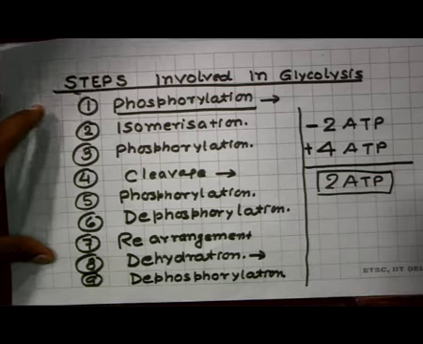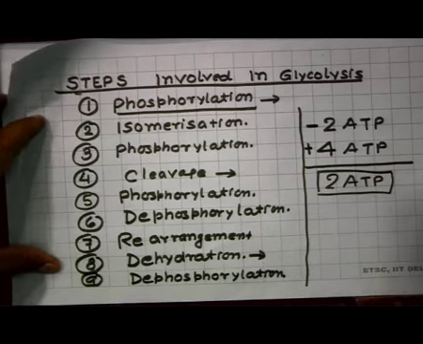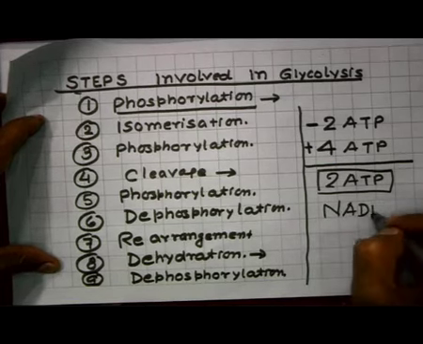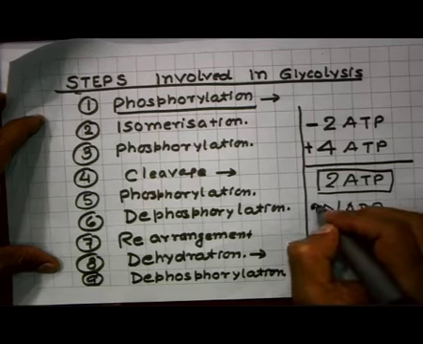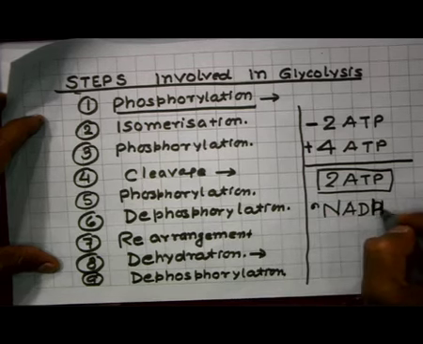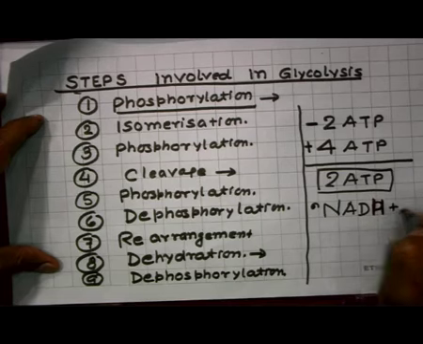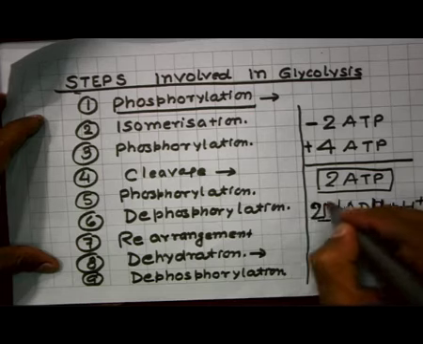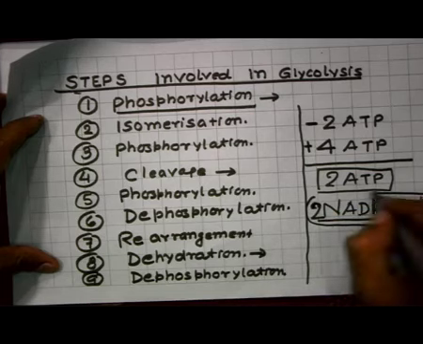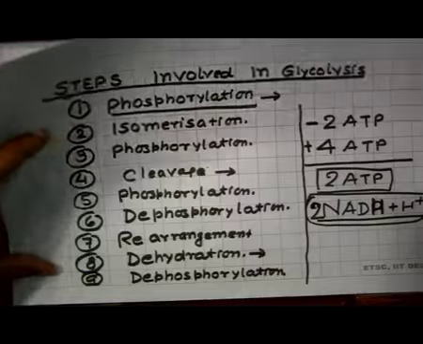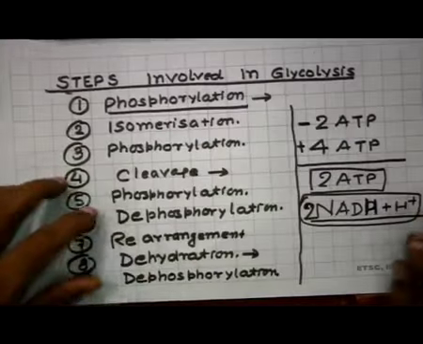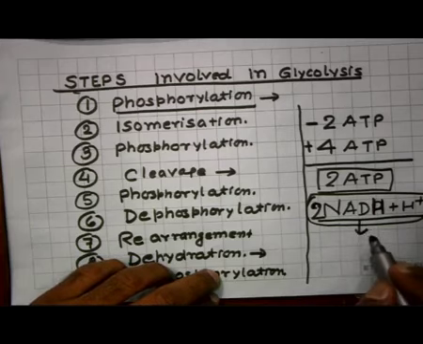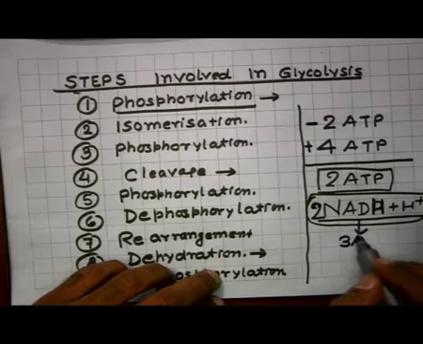Besides that, there is the reduced coenzyme, that is NADH, 2 molecules of NADH are formed, which are going to be further reoxidized in oxidative phosphorylation, and for 1 NADH2 it gives 3 ATP.